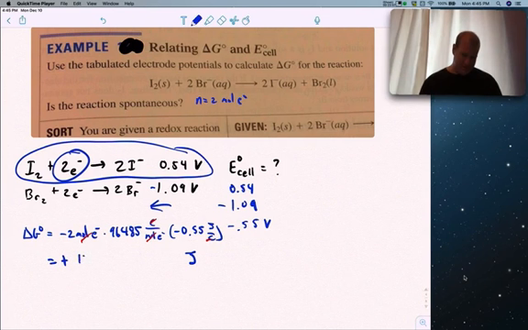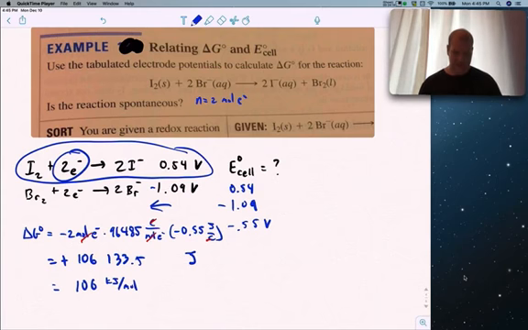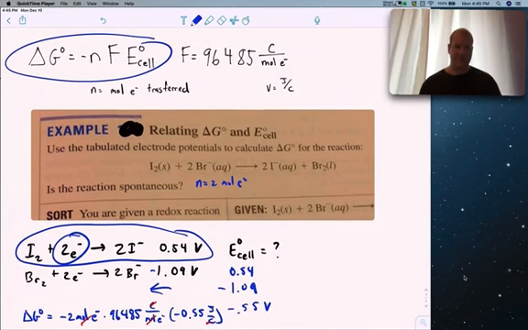I don't need the positive, I'm just using it for emphasis. 106,133.5 joules, or how many sig figs? I'll just say 106 kilojoules per mole reaction. So, like so. So positive 106.